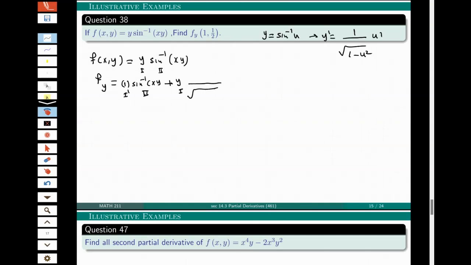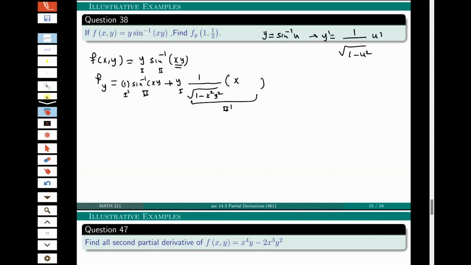It's 1 over square root of 1 minus the angle squared, which is x squared y squared, times the derivative of the angle itself. Oh, sorry, we are differentiating with respect to y, so it will be x.